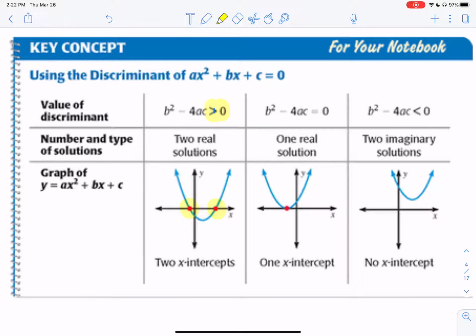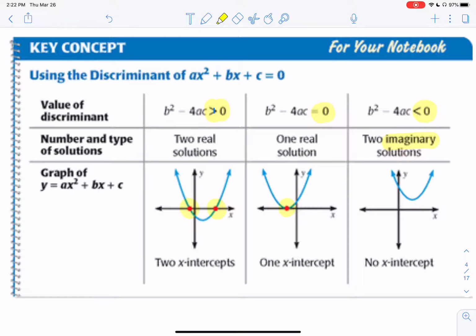If our discriminant ends up being exactly 0, we'll have one solution because it's the vertex that hits on the x-axis. And if we have a negative discriminant, that means we end up in imaginary world and we end up with two imaginary solutions. They're up there floating above the axis.